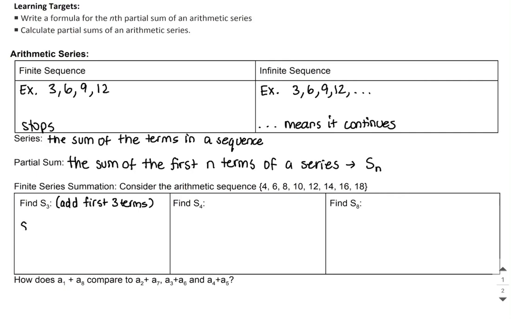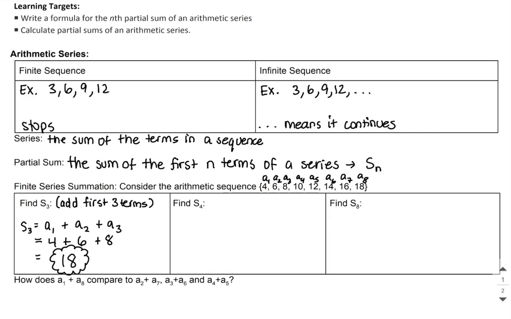Right, and so s sub 3 we get by doing a sub 1 plus a sub 2 plus a sub 3. A sub 1, a sub 2, a sub 3, a sub 4, a sub 5, a 6, a 7, a 8. So a sub 1, 2, and 3 is 4, 6, 8. So I'm adding 4, 6, and 8, and that's going to give me 18. So my partial sum of the first 3 terms, s sub 3, is 18.